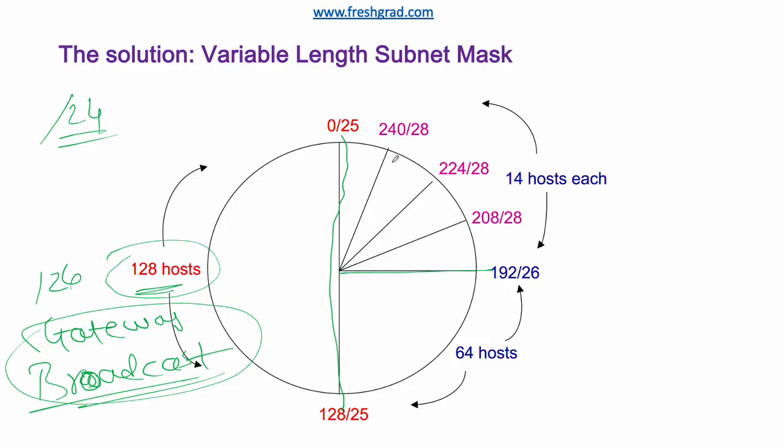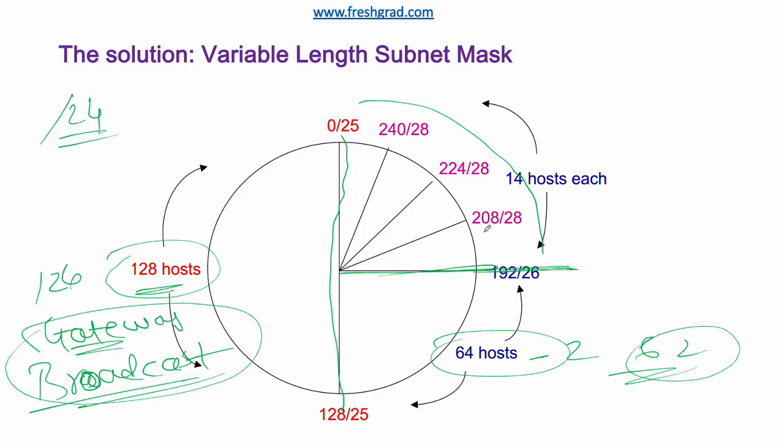But then we divide the right-hand side subnet further, right? You make it subnetted again here. This will become 64 but minus 2 for gateway and broadcast, so you will have 62 hosts, and these will have 14 hosts each.